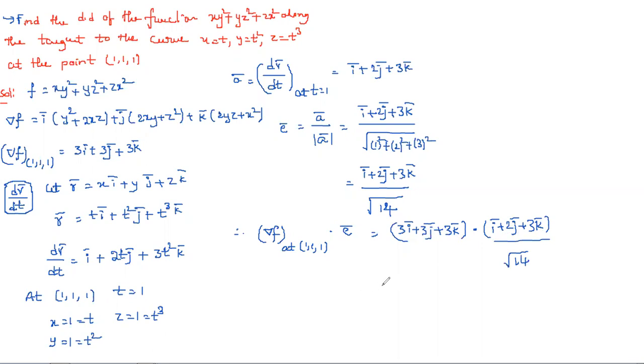You can apply the dot product here. The dot product is i coefficient 3 into 1, j coefficient 3 into 2, and k coefficient 3 into 3, by square root of 14. So this is 3 plus 6, 9, 9 plus 9, 18. So 18 by square root of 14. So this is the directional derivative.